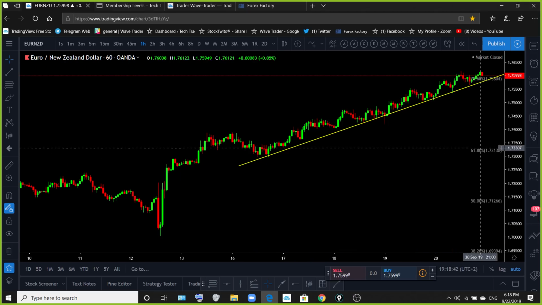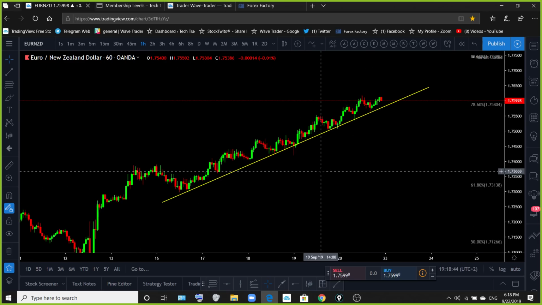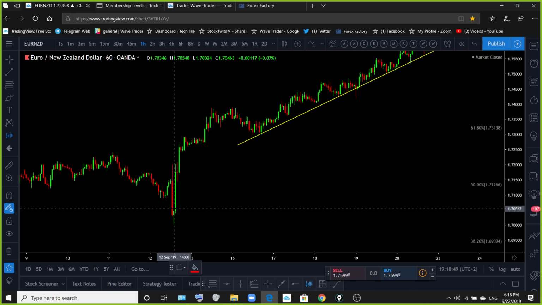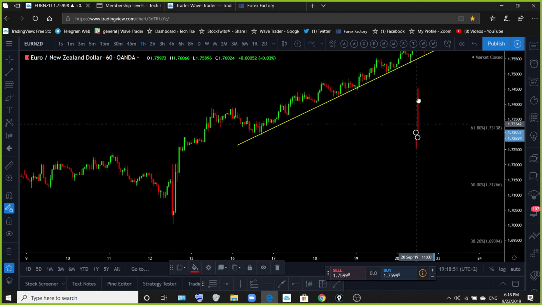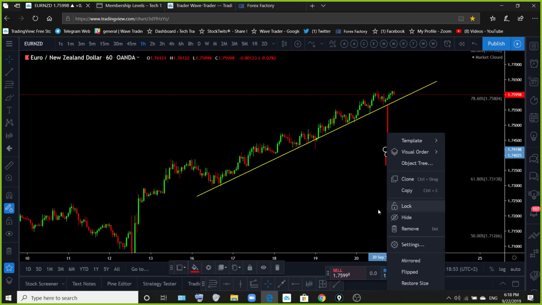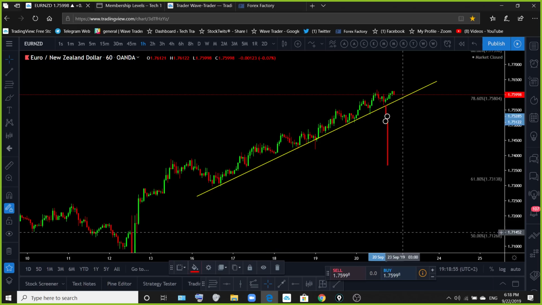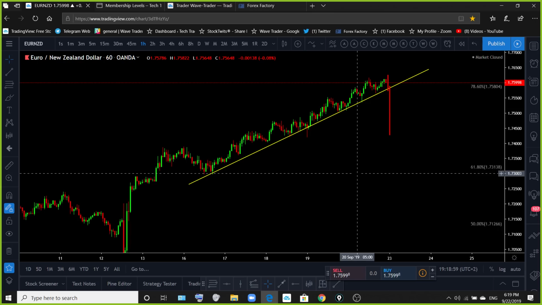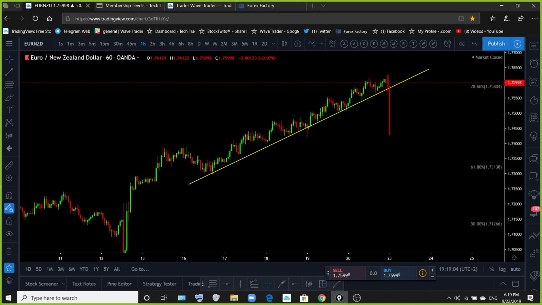Now let's get down to the current price. If I copy this part of the chart and reverse it there, this is what you are waiting for. As long as price keeps correcting this way, you see that correcting?